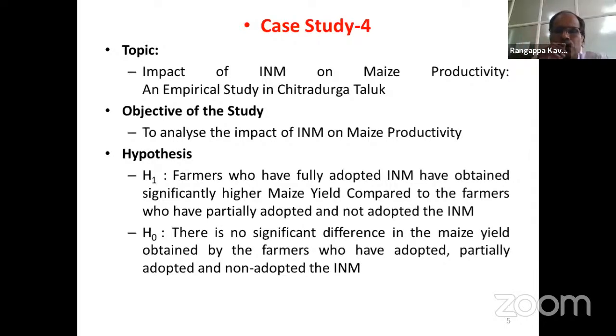Whenever there are three groups or more than three groups, we cannot go for the t-test. So obviously we have to go for analysis of variance. I hope this is the message I wanted to convey, because some teachers tell you about the t-test, some about the chi-square test, and some about ANOVA, and you may get confused.